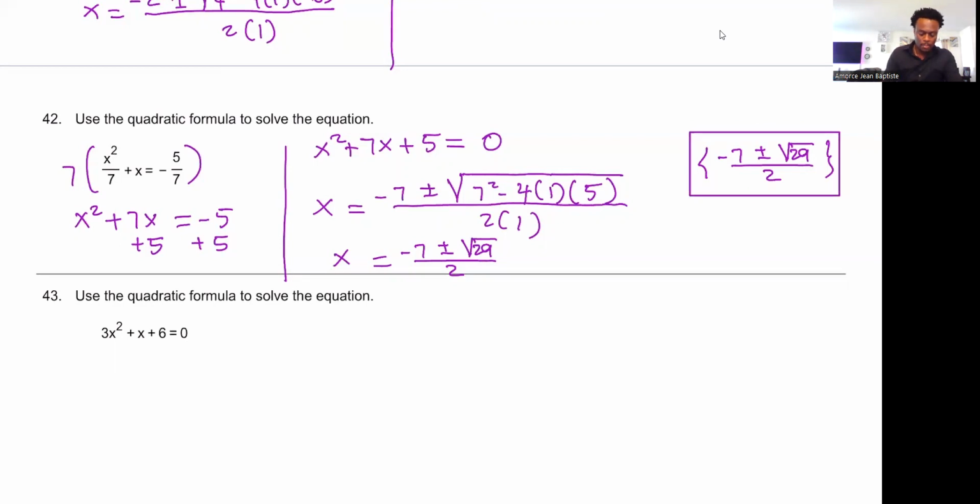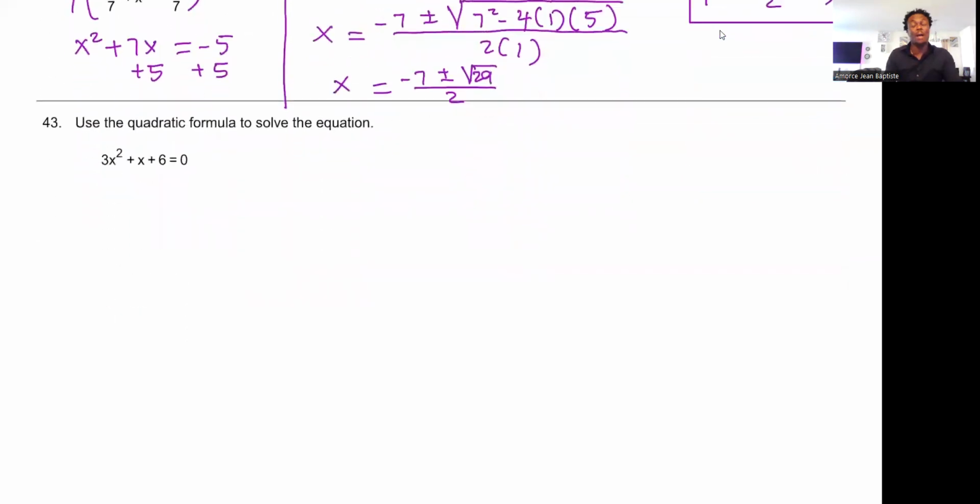All right. And then our final problem for this review will be this equation where A equals 3, B equals 1, and C equals 6.